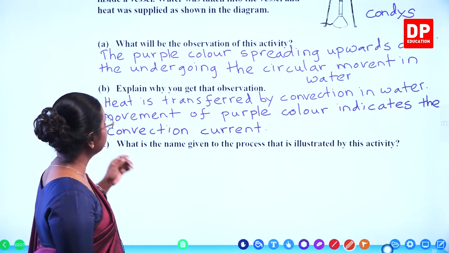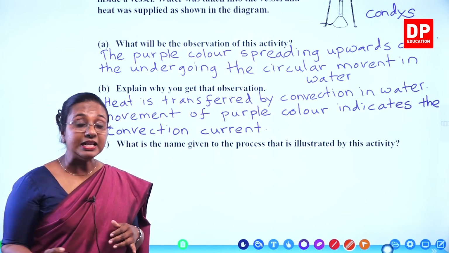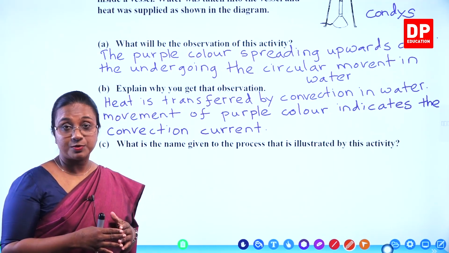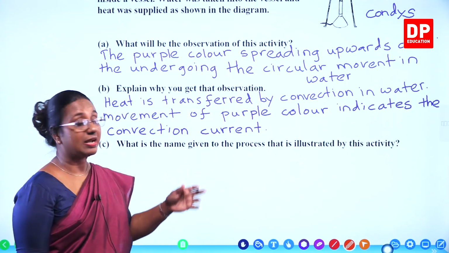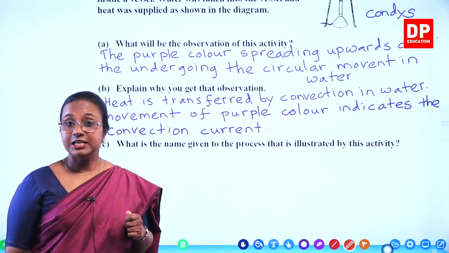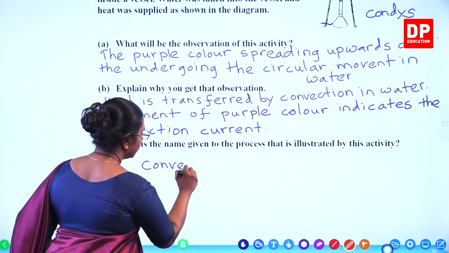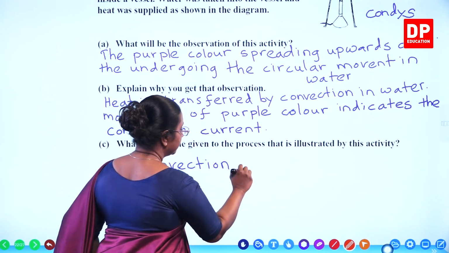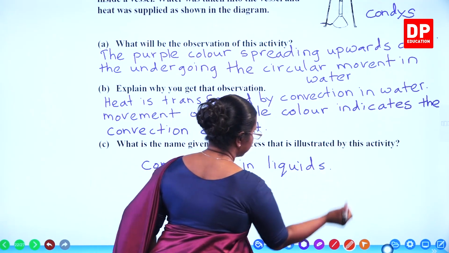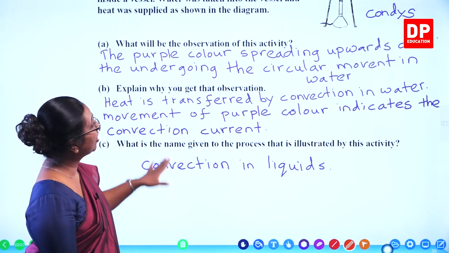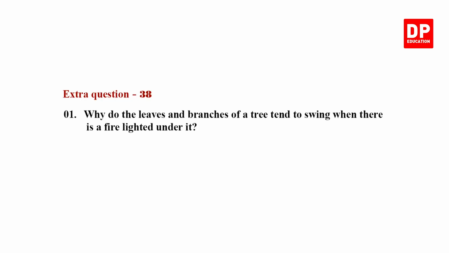Movement of purple color indicates the convection current. So if they ask you to explain it in detail, you can explain the convection process as well. What is the name given to the process that is illustrated by this activity? We have already written the name. It is convection. Convection in liquids. That is the process. So I am sure students, you were also able to answer these questions correctly. With that, I will move on to the next one.